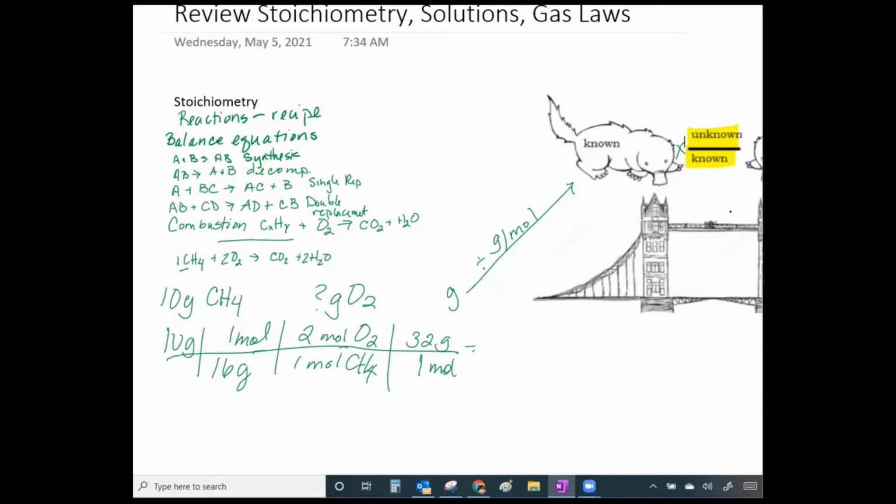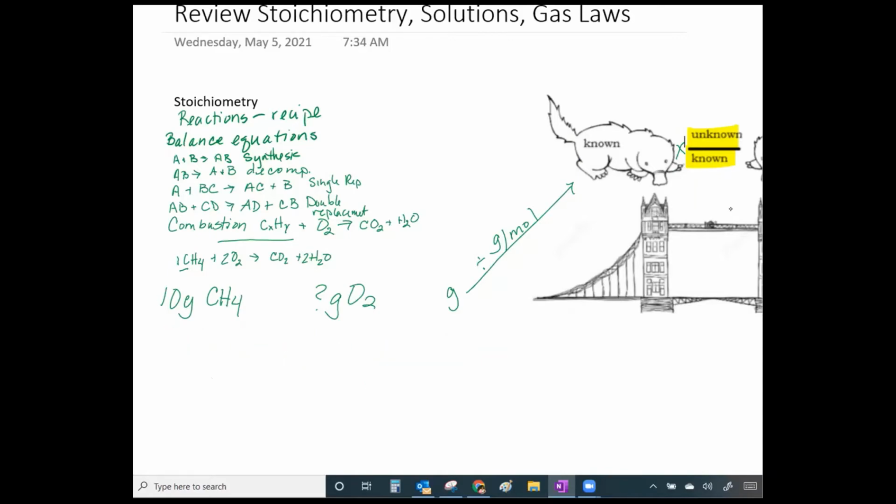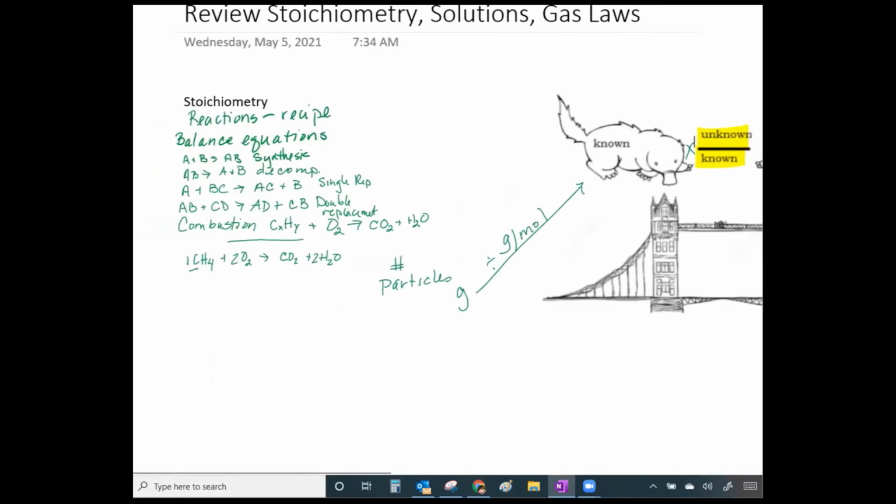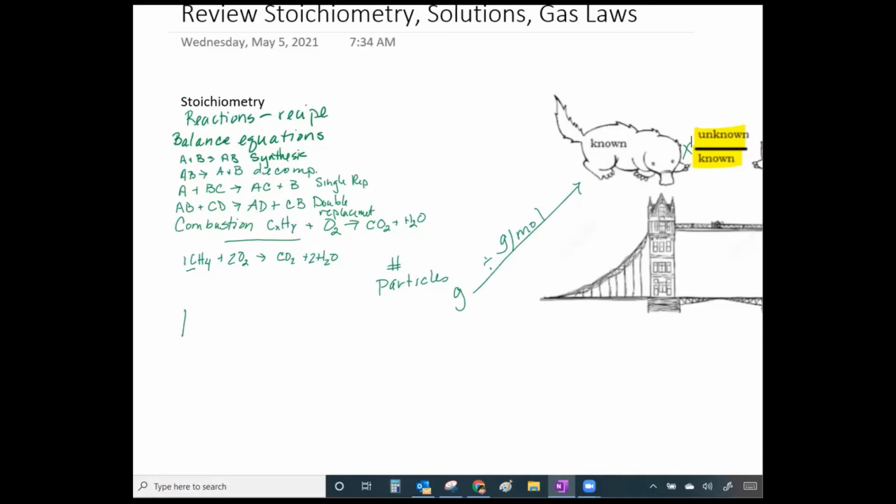Okay. Another thing that we learned this year was using Avogadro's number. So if I know a total number of particles, for instance, let's say that I tell you that I have 1.8 times 10 to the 21st molecules of CH4, and I want to know how many molecules of oxygen I'm going to need.